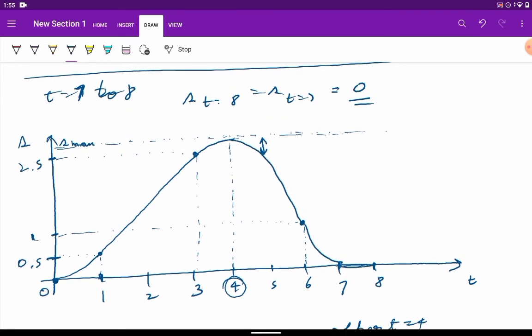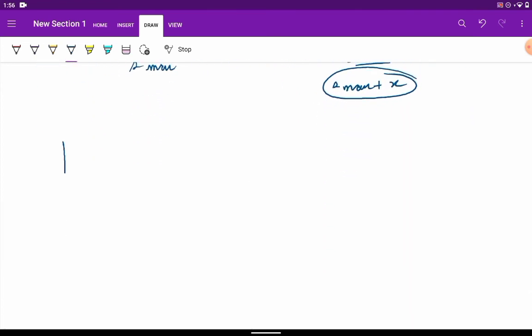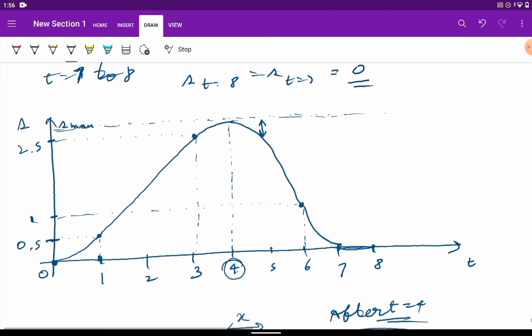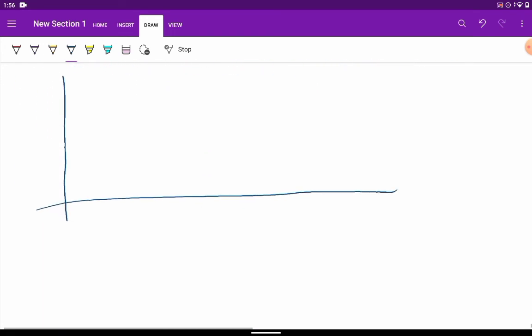So just need to mirror this. If I draw here it will be a bit clumsy, so I'll just draw the rough shape. Of course we can find out the values.